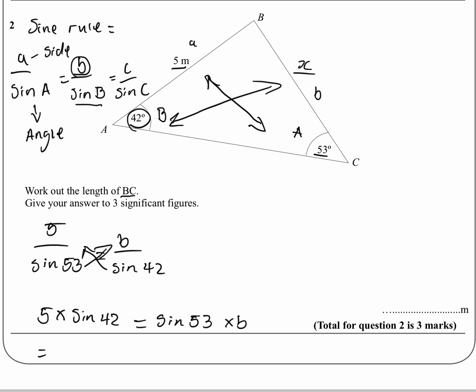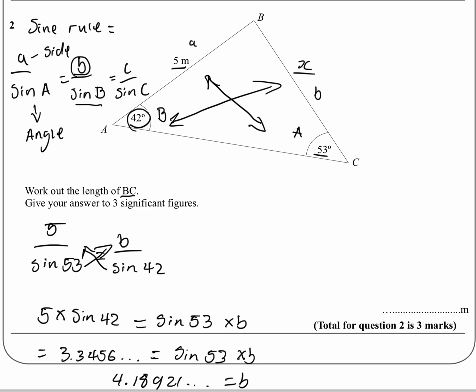And we get 3.3456..., and we equal it to sine 53 times b. To get b on its own, we just divide by sine 53. So let me do 3.3456... divided by sine 53 on my calculator, which is 4.18921..., which equals b.